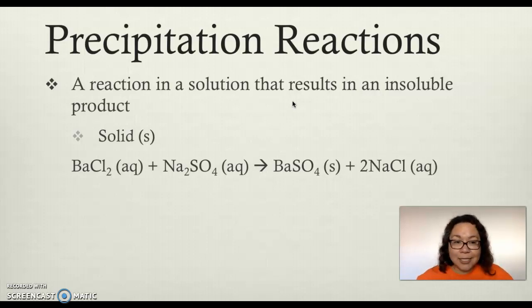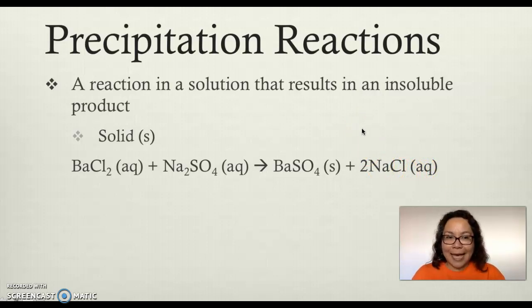Of all of these compounds, which one is the precipitate? If you guessed barium sulfate, then you are correct because it's got that small s there. That tells you that is the solid, the precipitate that has formed. Sodium chloride here is still able to dissolve, table salt, it can dissolve in water. And you see that it is still in an aqueous solution form.